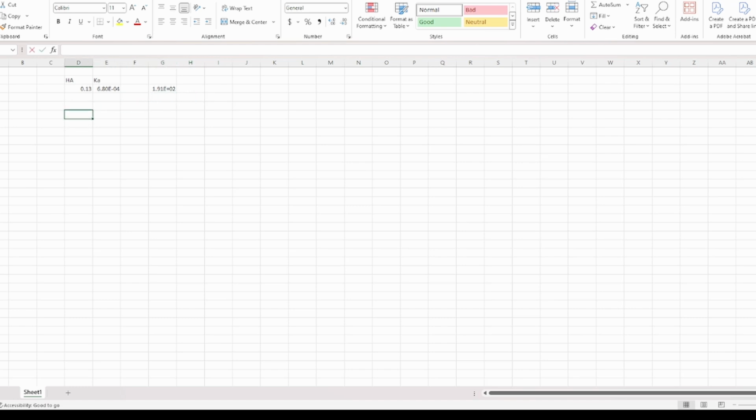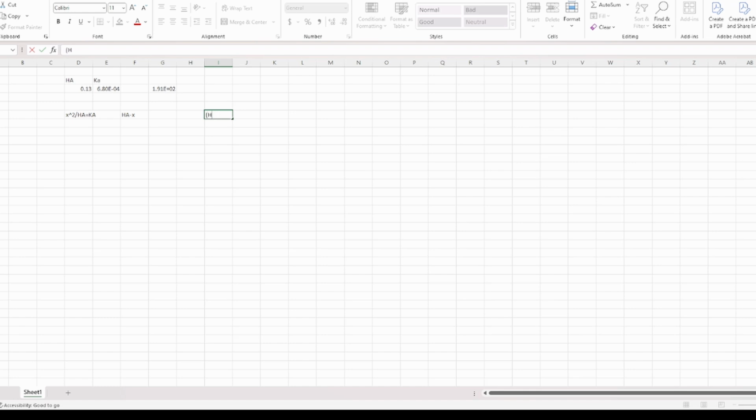So remember, we're going to say x squared over HA equals Ka. So the iterative approach is going to be first, what's HA minus x? Then we're going to take the next thing, which is HA minus x.